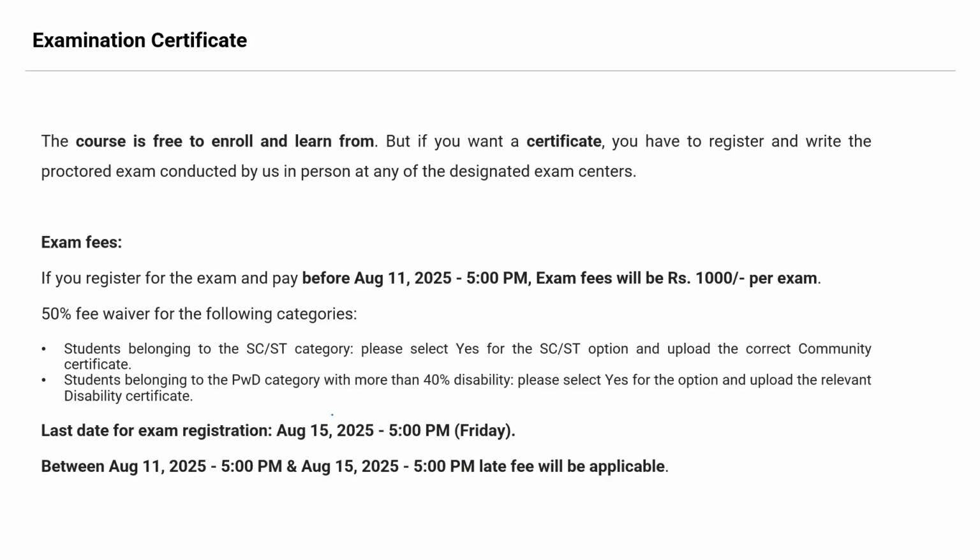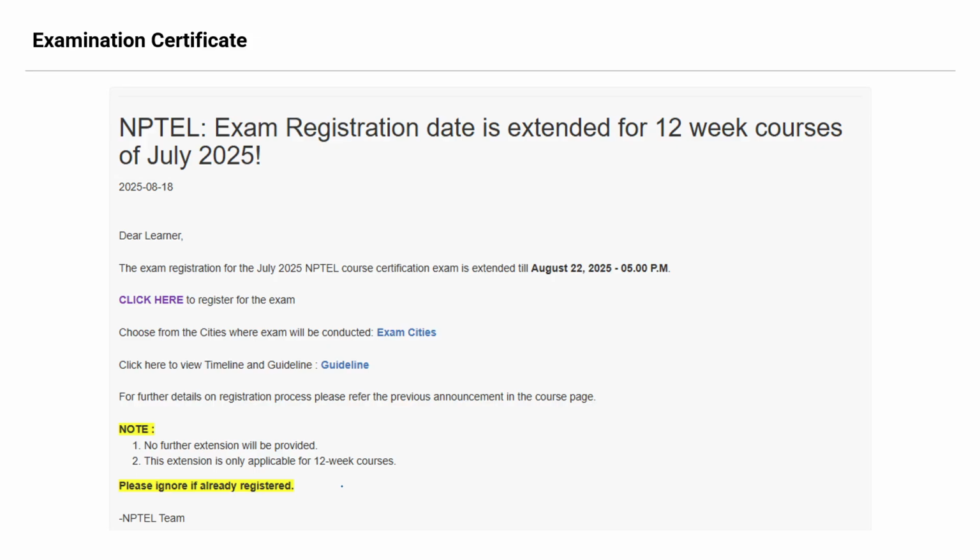These are some details with respect to the examination certificate. All these dates were given, and there was information about the fee waiver for certain categories. I think you've all gone through it. The last date was the 15th, then it was extended again till 22nd of August. That was the critical date of registration.